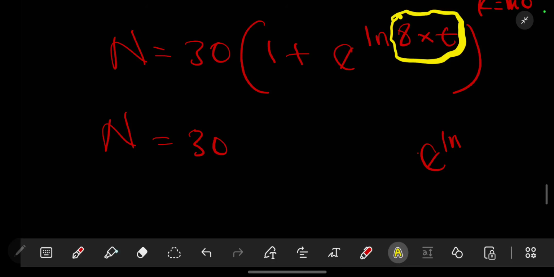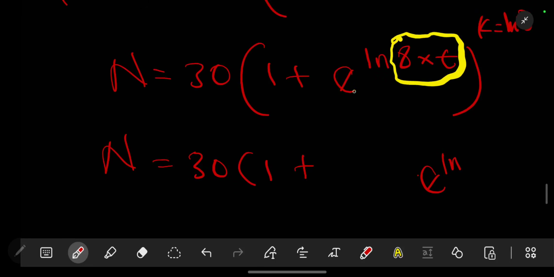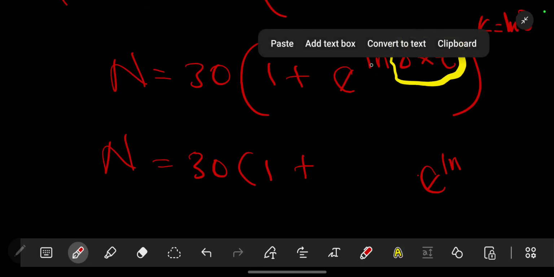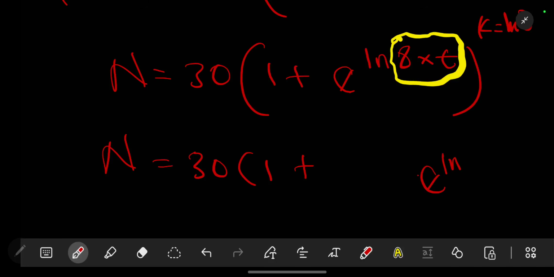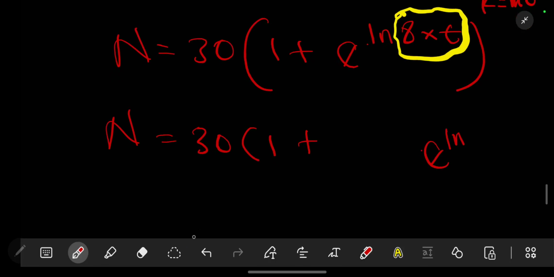So just get this and say we have plus the one that is, so we have open brackets 1 plus, so as long as you have e to the power ln, let me represent the work like this.